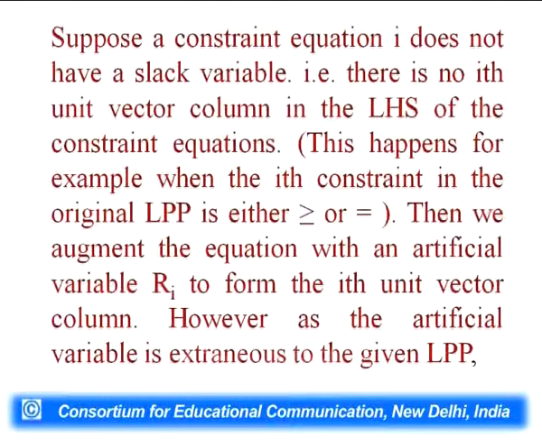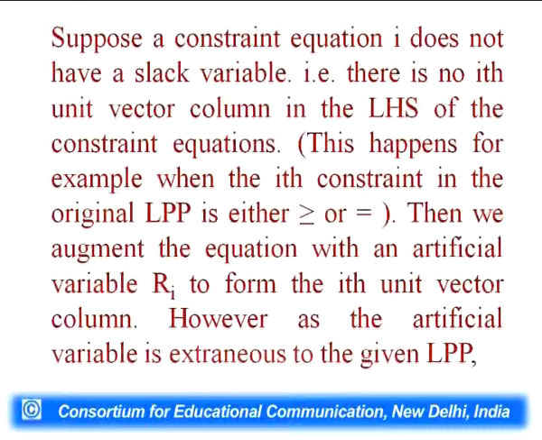Now, I think the viewers must have understood the problem. Now, suppose a constraint equation i does not have a slack variable. That is, there is no ith unit vector column in the left hand side. Let us concentrate on the left hand side.